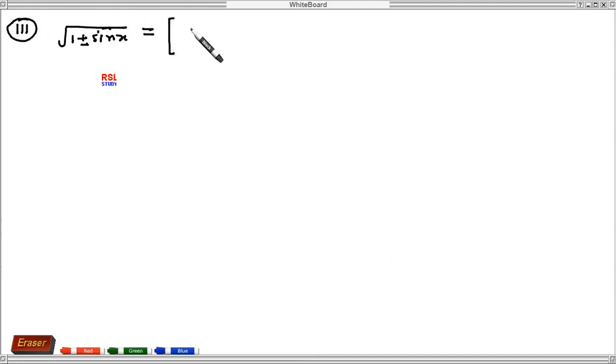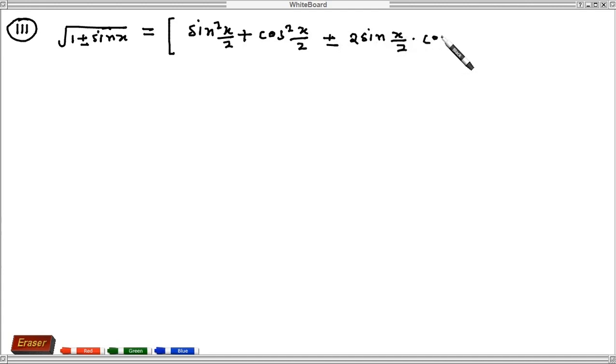This can be written like this: sin square x by 2 plus cos square x by 2, plus or minus sin x, which can be broken as 2 sin x by 2 into cos x by 2. So this now looks like a square plus b square plus 2ab, or a square plus b square minus 2ab.